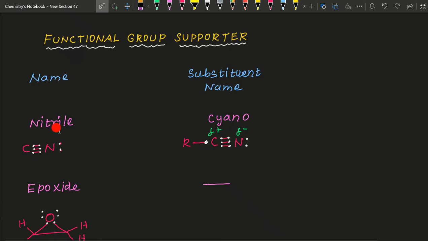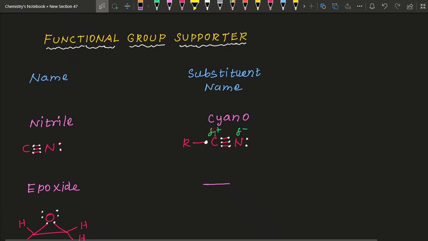Nitrile. We know that carbon makes double bond, triple bond and single bond, but nitrogen makes only a triple bond. So nitrogen valence is 5: 1, 2, 3, 4, 5. The substituent name is cyano.